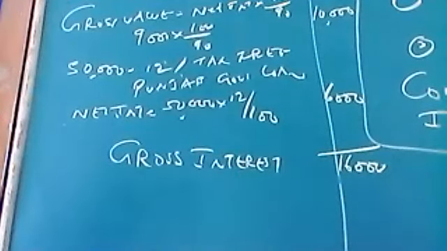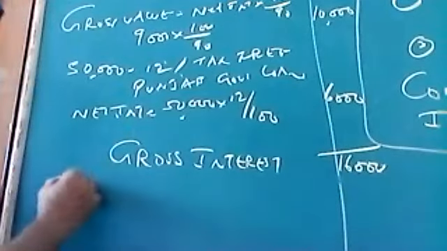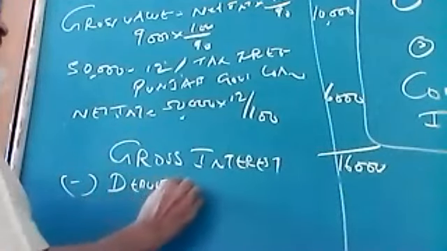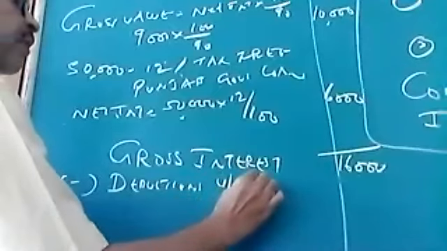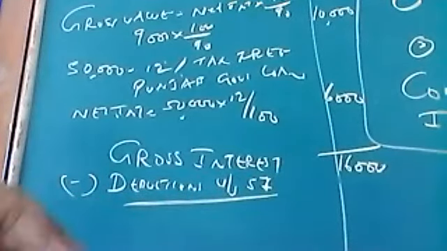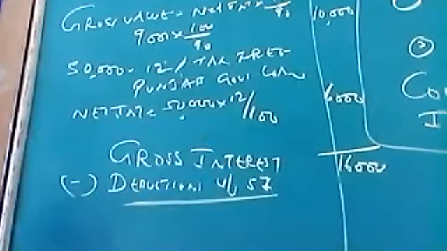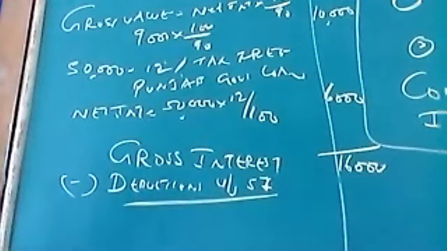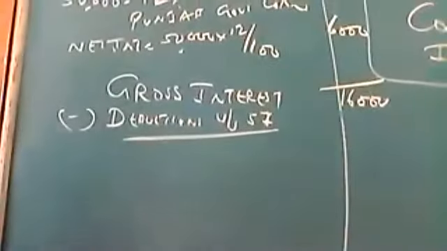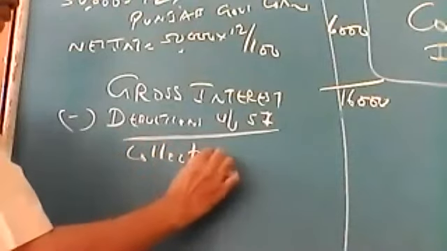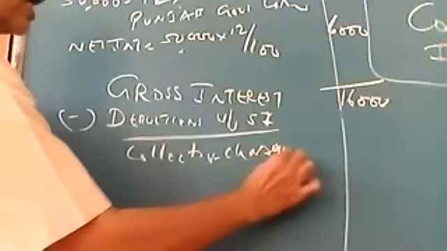Then you have some deductions. From gross interest, reduce deductions. The deduction is under section 57. In that problem, he has given collection charges. Collection charges means expenses incurred to buy the security. You can allow the deduction. How much is the collection charges? It is given in the problem as 2,000.